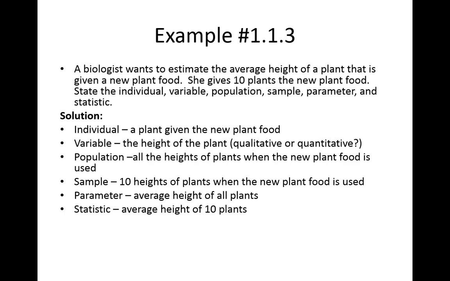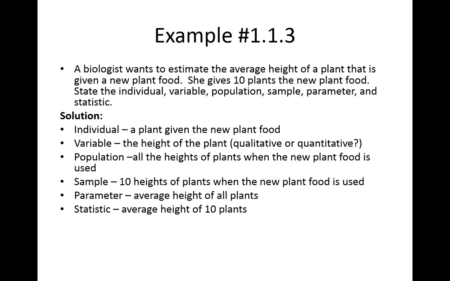So again, to compute the average height, it looks like we're doing it on just 10 plants, so we have a subset. We don't have it with all the plants that are given this food. So we're just using a subset, so it'll be a sample.